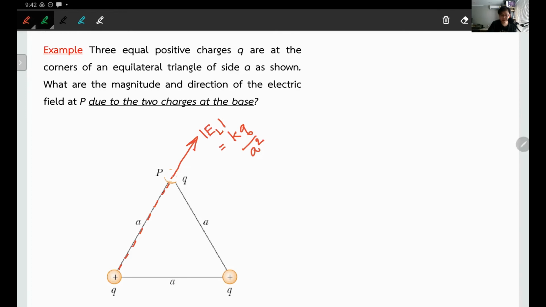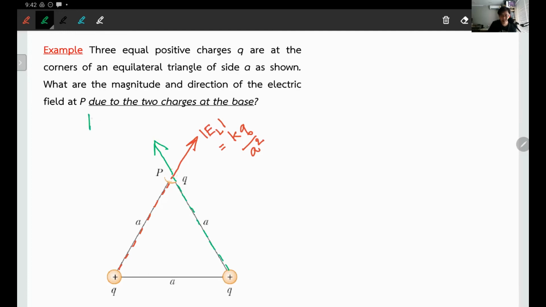Do the same thing for the right. You look at the charge from point P. You see there is a positive charge there, so the electric field points away from that positive charge on the right.